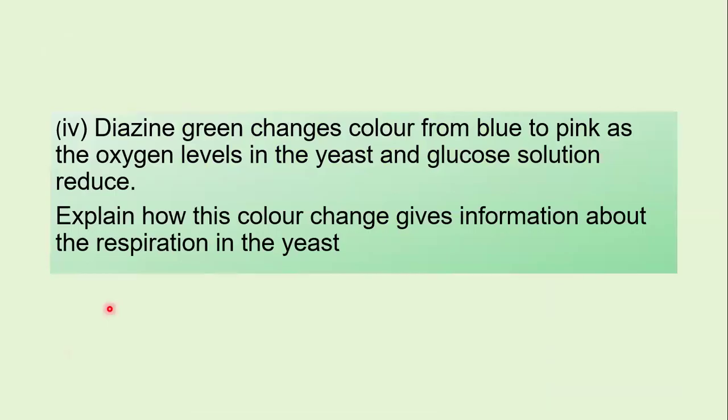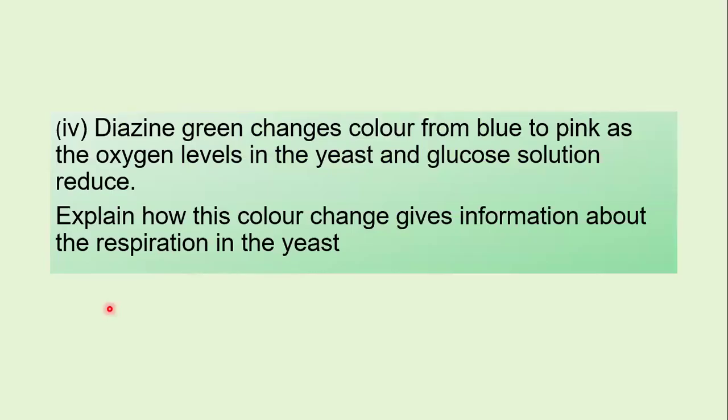The other question they are asking: dicing green changes color from blue to pink as the oxygen levels in the yeast and glucose solution reduce. If you remember, in the textbook they have never given dicing green.